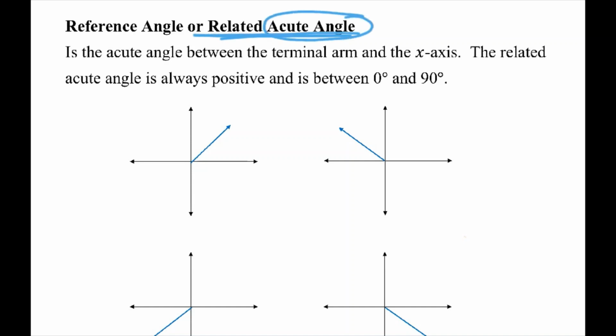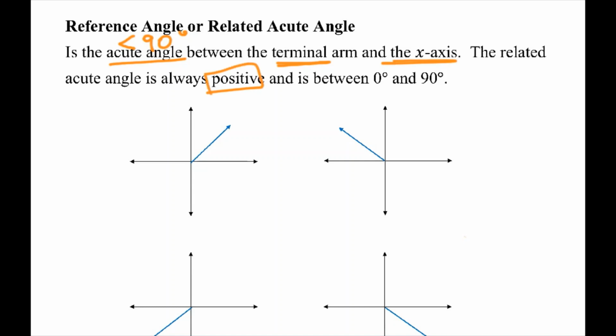We know that it has to be an acute angle, so it has to be less than 90 degrees. A reference angle is an acute angle, less than 90, between the terminal arm and the x-axis. The related acute angle is always positive. It has to be positive and an angle less than 90.